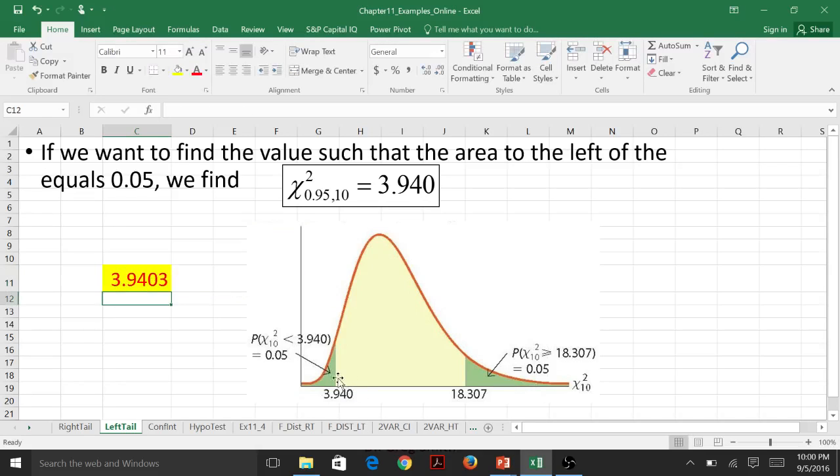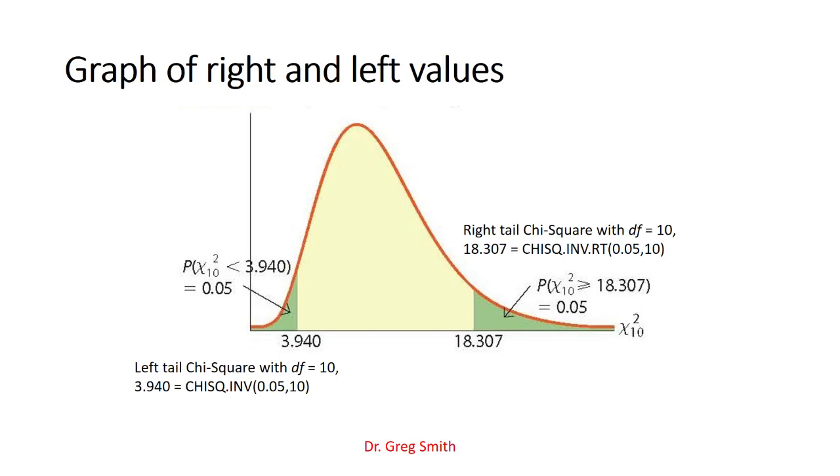So if I look at it in space, there's our lower value, and then we look at our upper value of 5%, 18.307. Notice they're both positive. Of course they're positive. The variance is a squared measure, so it has to be positive. And this is just the display of how it would be done. You just saw that in the graph on Excel. And I'll include the Excel sheet for you to look at in your module.